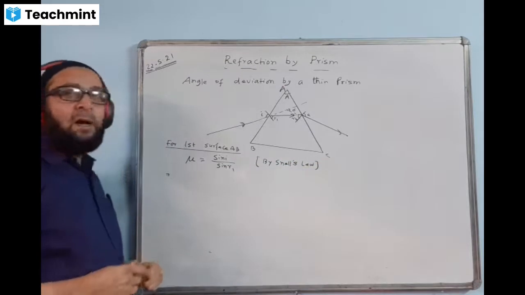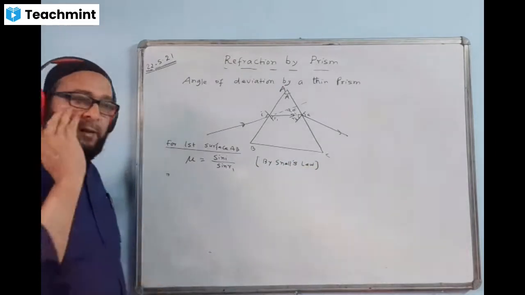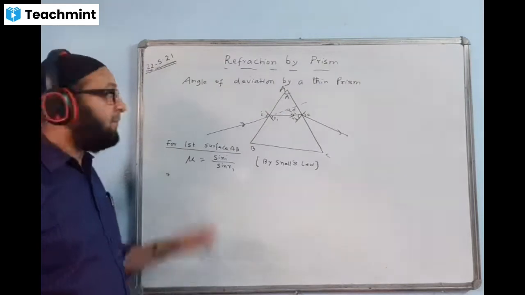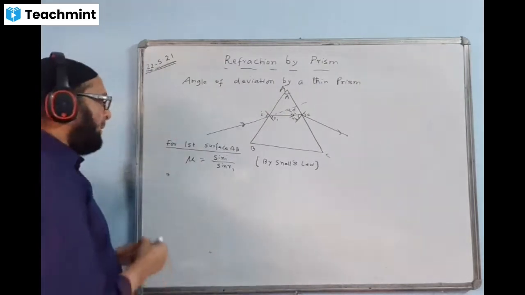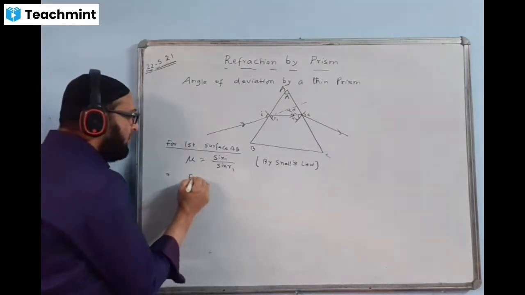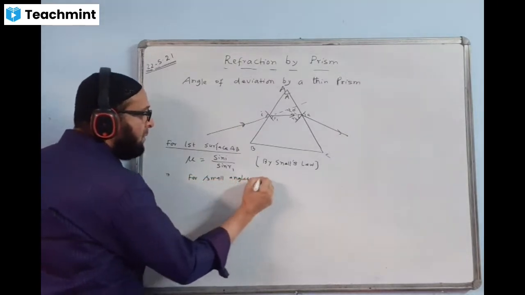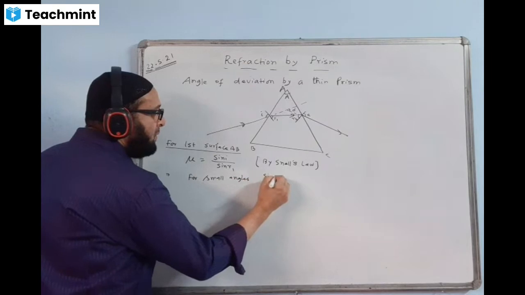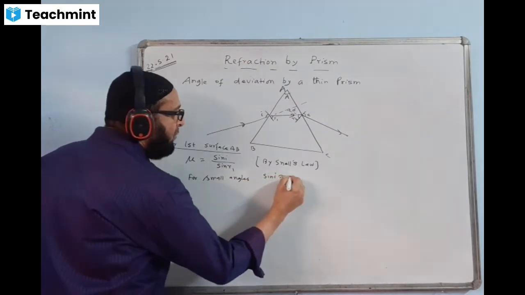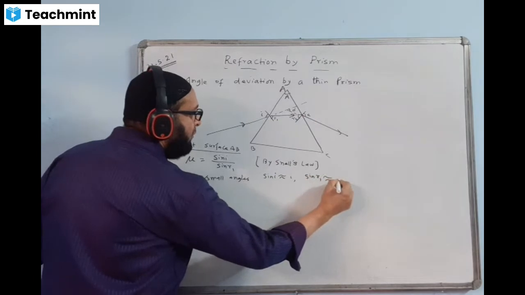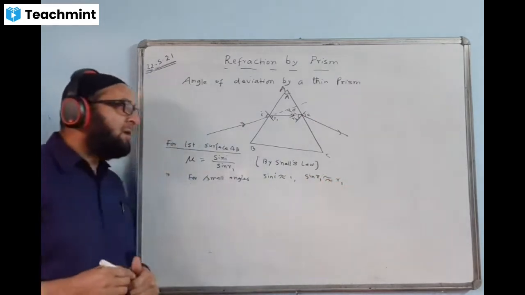What kind of angles are we dealing with? The angles we are dealing with are small, because the prism is thin. We can write here for small angles, sine I is nearly equal to I, sine R1 is nearly equal to R1. Sine can be neglected.